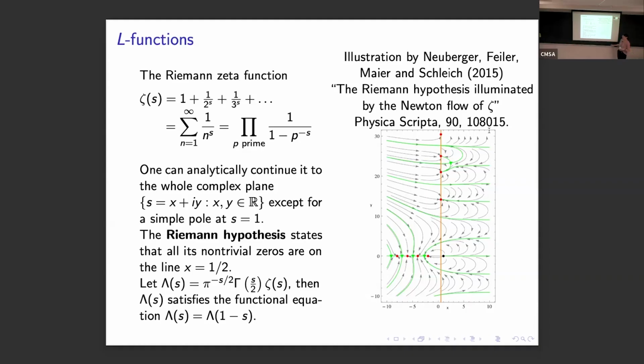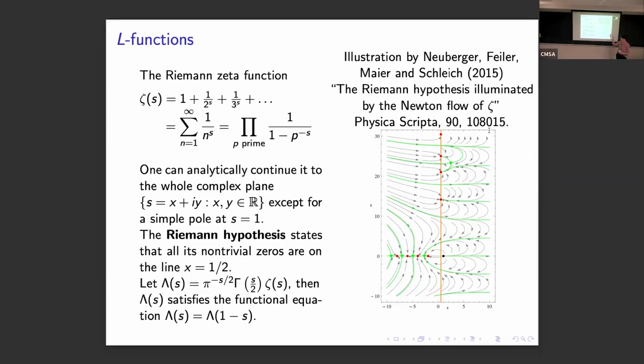It obtains what are called trivial zeros at the even negative integers, but it also gets non-trivial zeros at the line 1/2. This is the Riemann hypothesis, which states that all of these non-trivial zeros are exactly on this line.